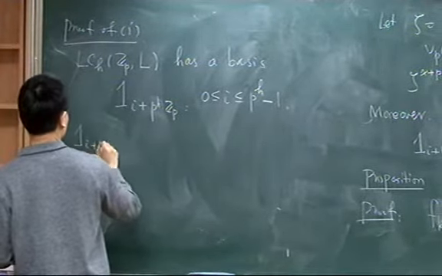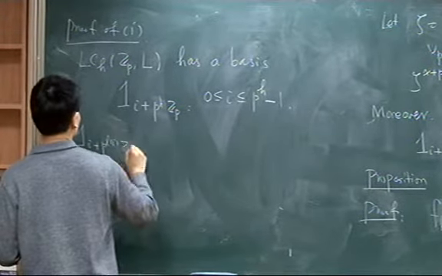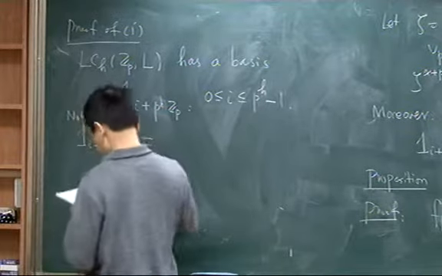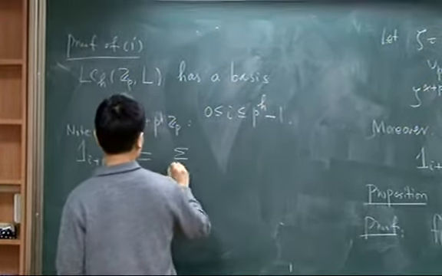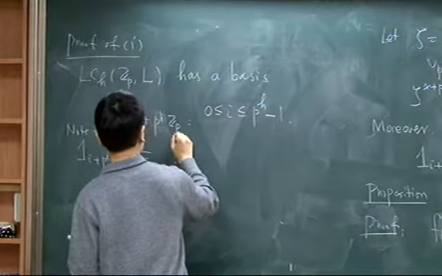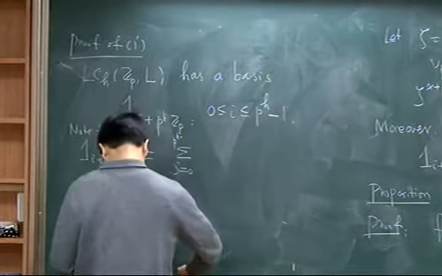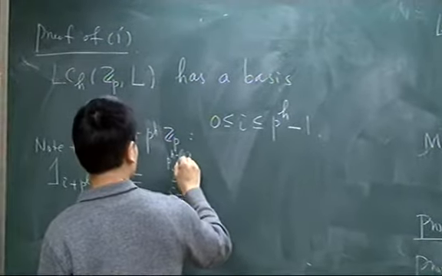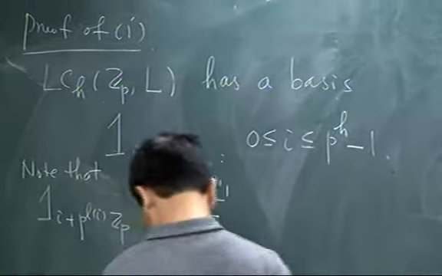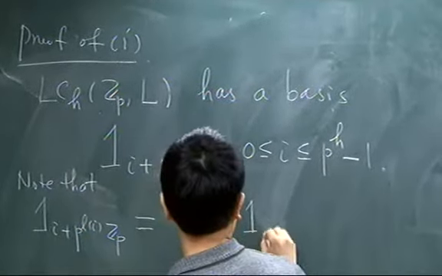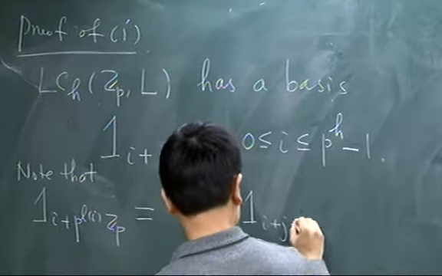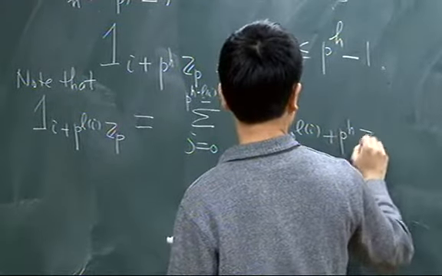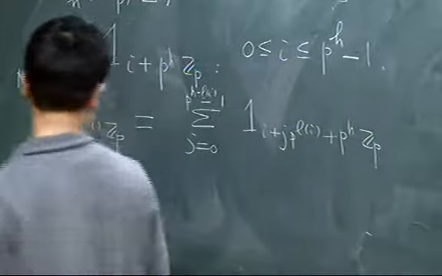So now we just check 1_{i plus p to the L(i) Z_p}. Note that this is nothing but the sum over j from 0 to p to the (h minus L(i)) minus 1 of 1_{i plus j p to the L(i) plus p to the h Z_p}.